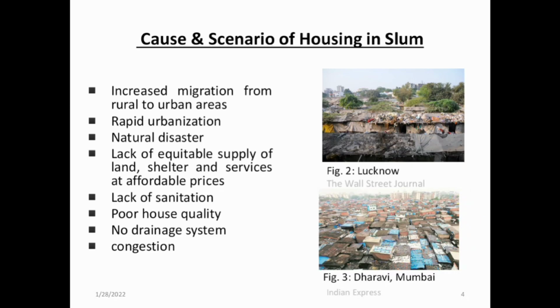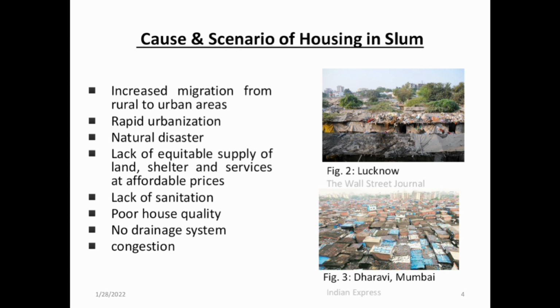Housing is one of the basic amenities for good quality of living. It was recorded that 30% of world population lived in urban area in 1950 and it was estimated that 66% of world population will live in urban area by 2050.